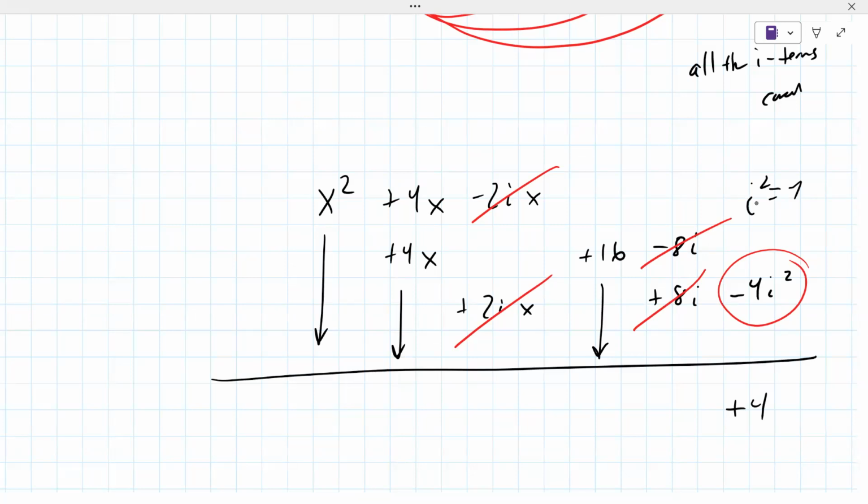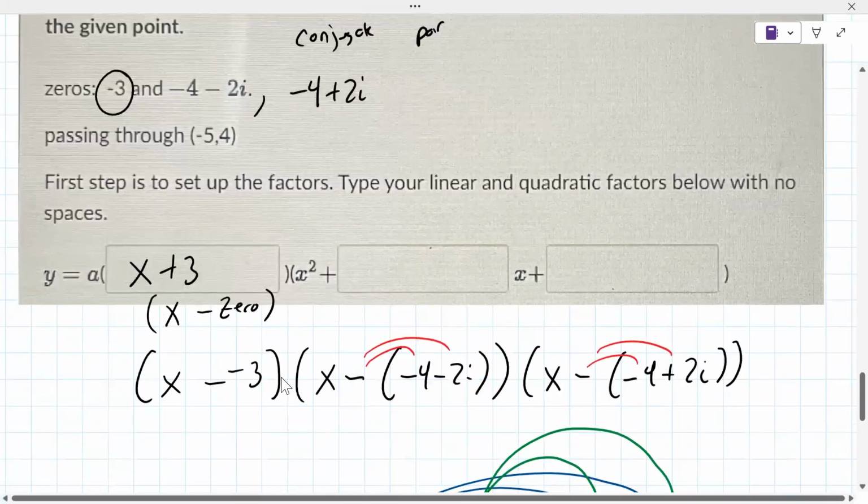X squared plus 8x plus 20. Yep. So if you go back to what the instructor is looking for, they're just looking for the coefficients.